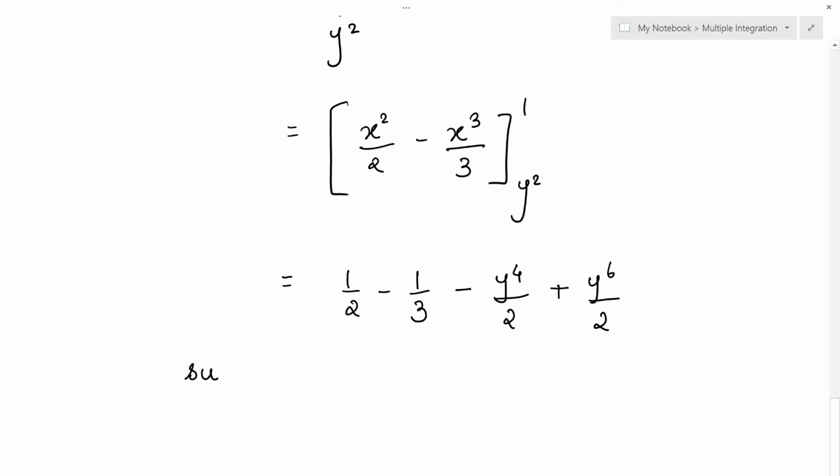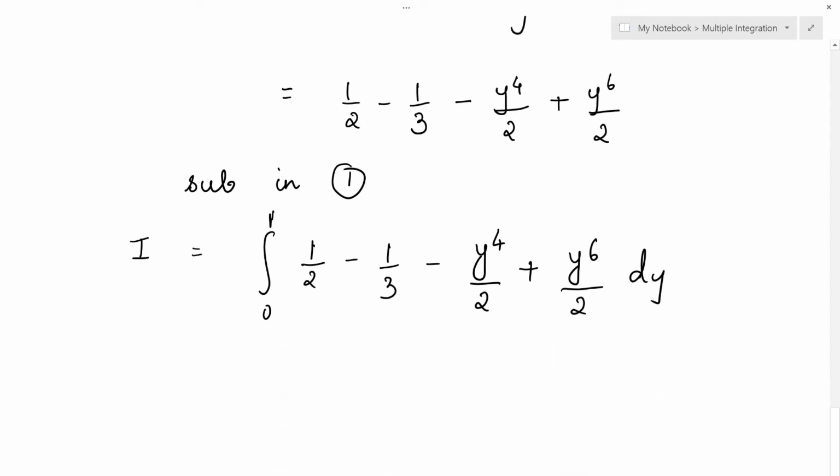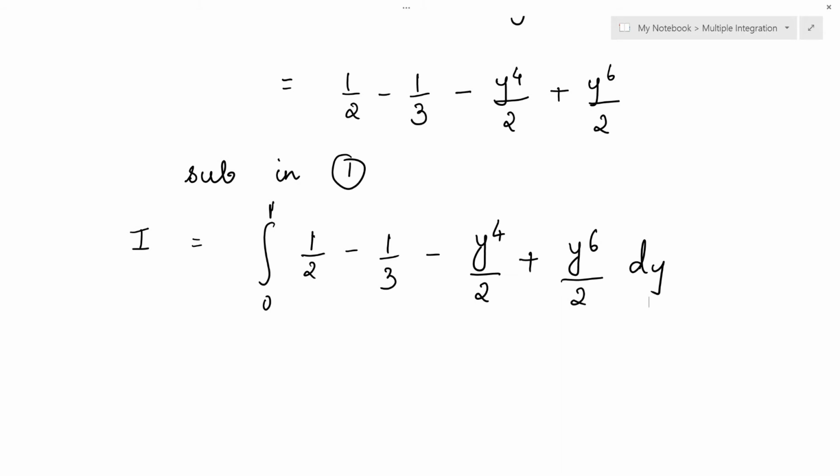So substitute in equation number 1. You will get I is equal to the integral from 0 to 1 of 1 by 2 minus 1 by 3 minus y raised to 4 by 2 plus y raised to 6 by 3 dy. I guess you can do this integration, right? It is not difficult for you.